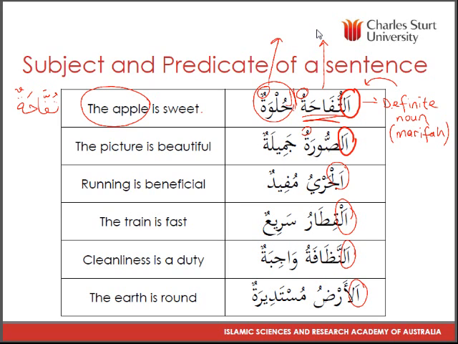You should use either mubtada and khabar, which is jumla ismiya, which has to have a subject and predicate, or you should use jumla fi'liya, verb and subject, and object. So the concept is different. So is there a way of saying what I asked?